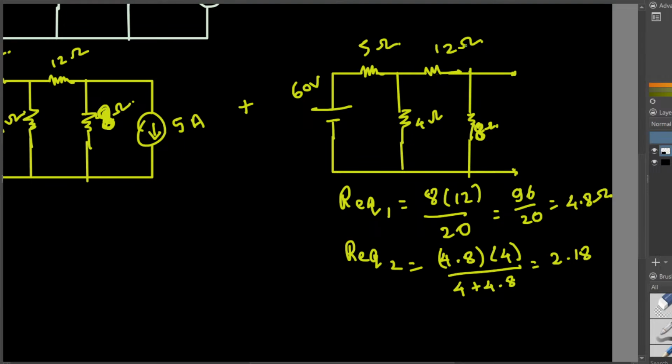Let me double check. 12 times 8 divided by 12 plus 8 is 20. 8 times 12 is 96 divided by 20, that is 4.8. 96, 48 times 2 is 96. Yes, so that works.